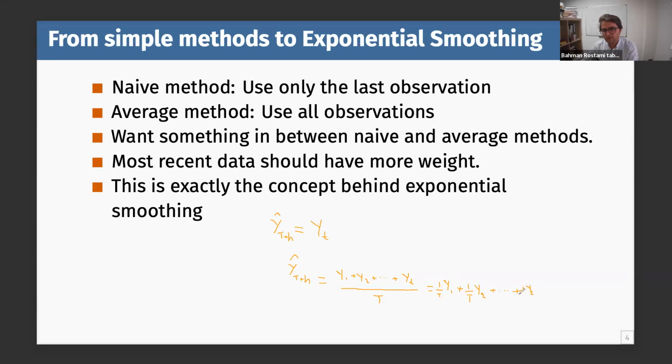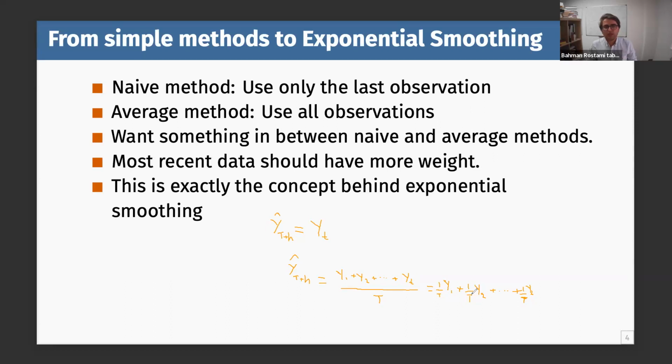As you can see, when we use total average, we give a weighting to all observations, and all observations have the same weight. So when it comes to naive, the only period that matters is the previous period. What happened is very important, so I give 100% weight to that. In average, you say all observations are equally important, and I give them the same weight.